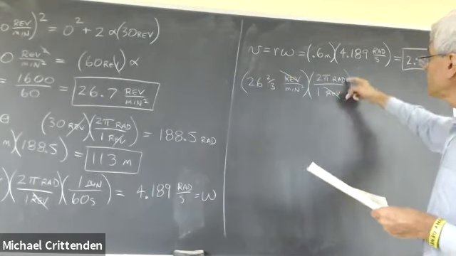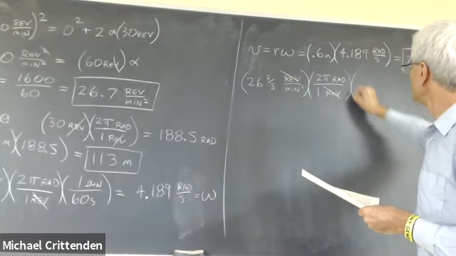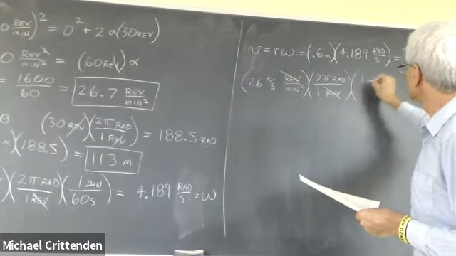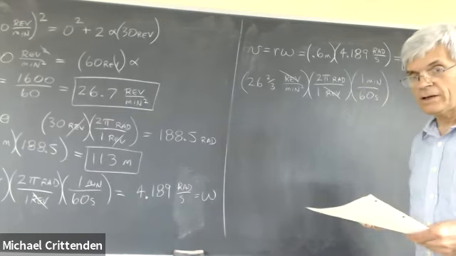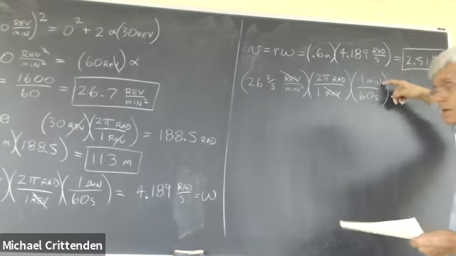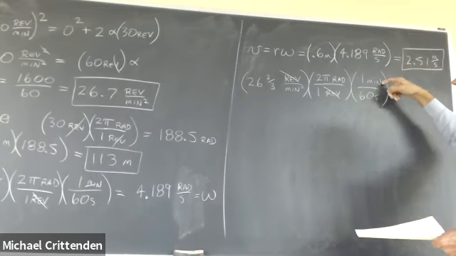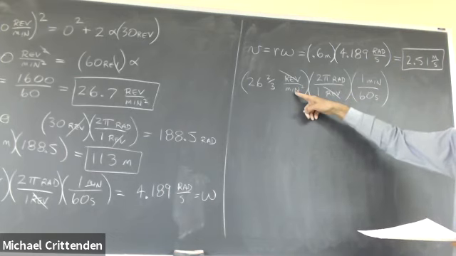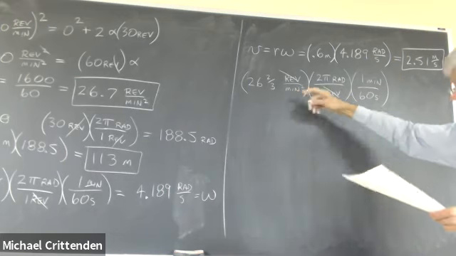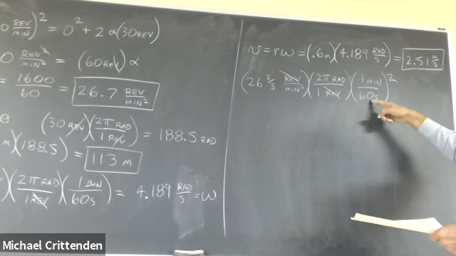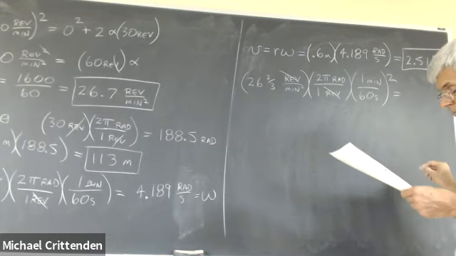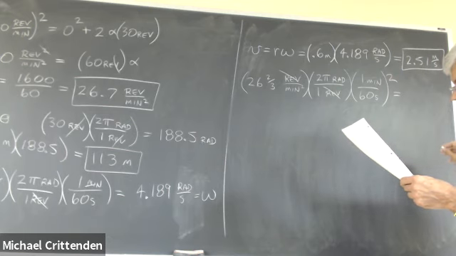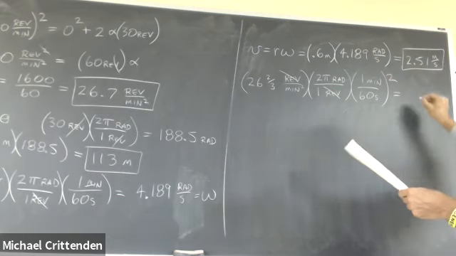Revolutions cancel out, so you'd have radians per minute squared. Now, tricky point. Minutes to the first power does not cancel with minutes squared. You've got to divide by 3,600, not by 60. That gives 0.0465.